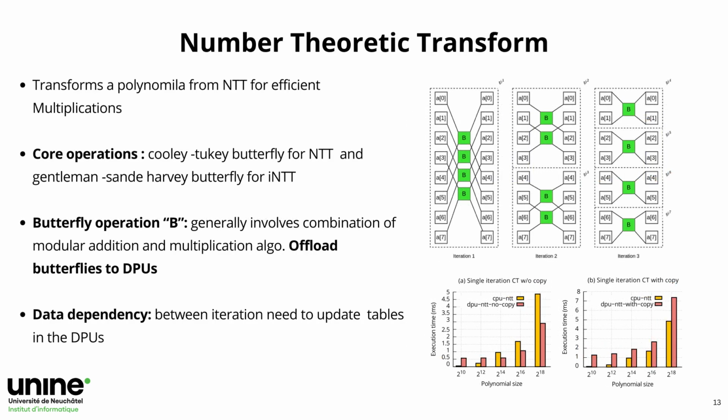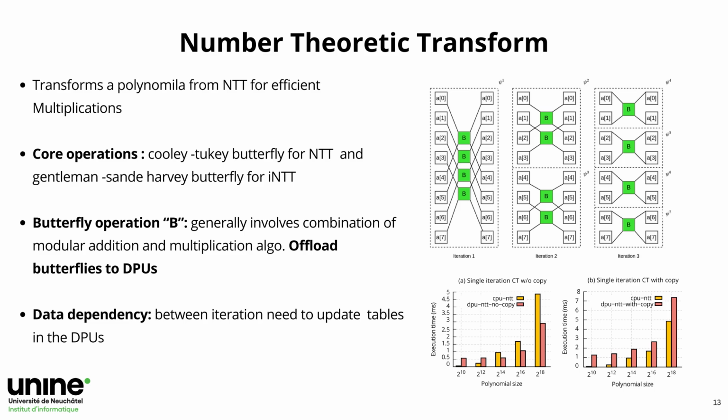So lastly, I will talk about the number theoretic transform. Like I said, we transform polynomials with the NTT for efficient multiplication, and existing operations include the CT butterfly operation for NTT and the GS butterfly operation for INTT. What's interesting here is the data access pattern for each butterfly operation.